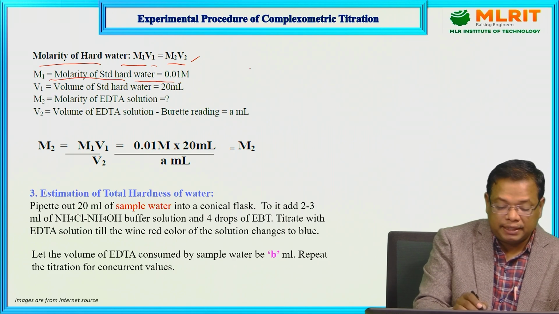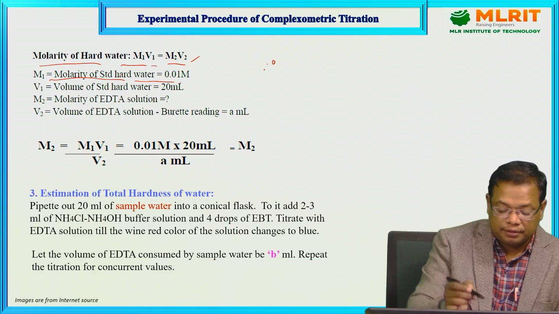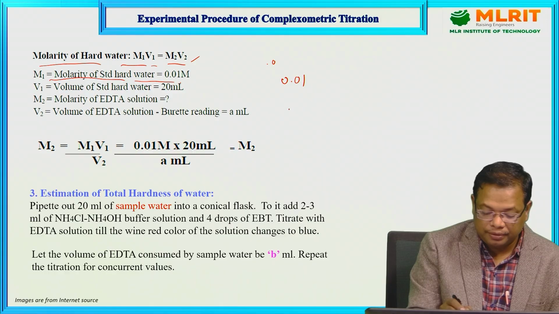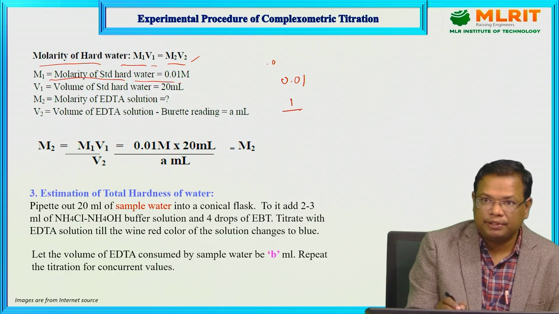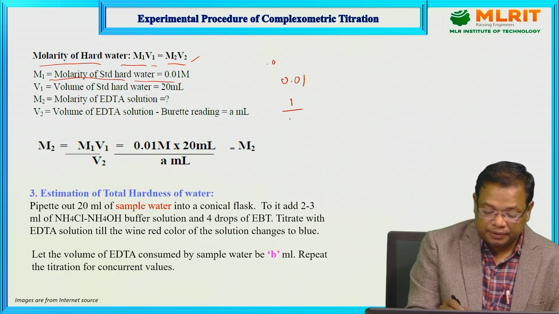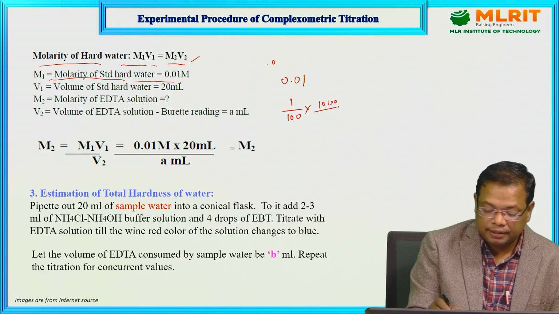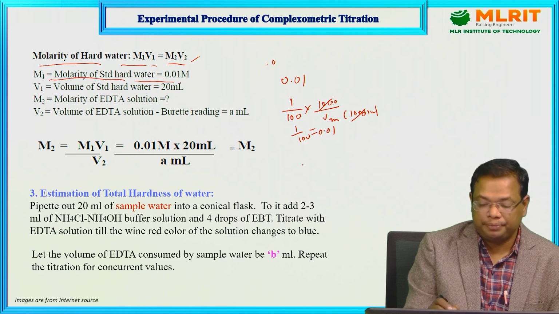How much is it? 0.01. How? 1 gram of CaCO3 has been taken. Molecular weight of calcium carbonate is 100. Taken amount 1 gram into 1000 by V ml. It is 1000 ml, so it will cancel. 1 by 100 is equal to 0.01 molarity.